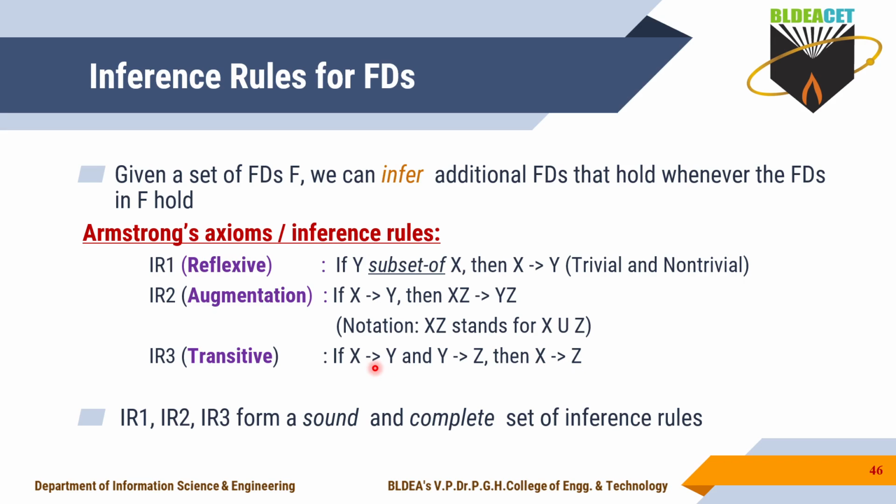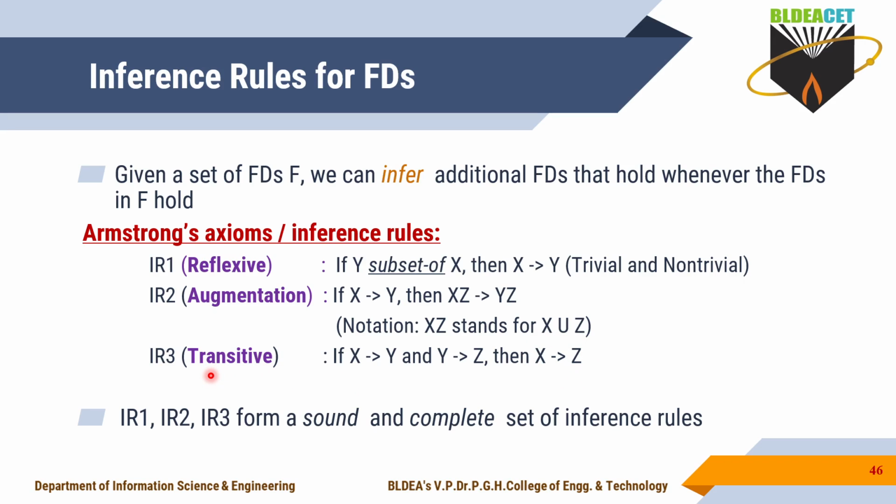See here, the given functional dependencies are X determines Y and Y determines Z. So these are F now. With the help of this F, I can derive a new functional dependency based on the transitive rule: X determines Z. The transitive rule is what we used to derive this new functional dependency.